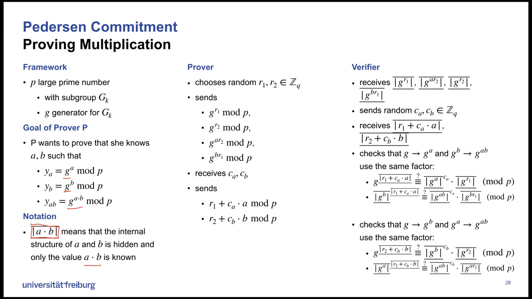So we do the following. We choose random numbers R1, R2, and we send some kind of values G to the R1, G to the R2, and then, strangely, G to the A times R2 and G to the B times R1. This wouldn't give away any information unless you can compute the discrete logarithm.